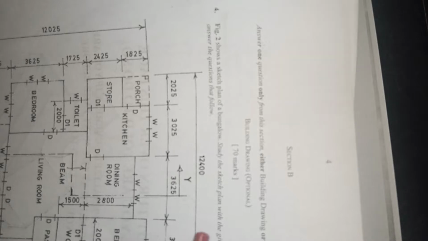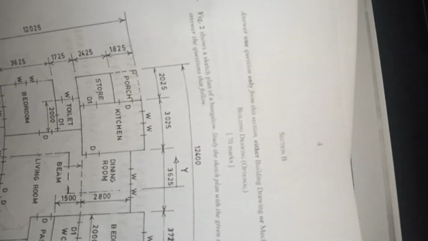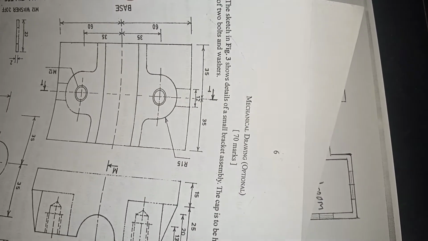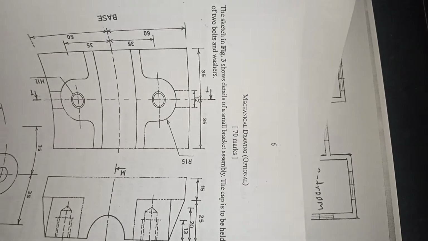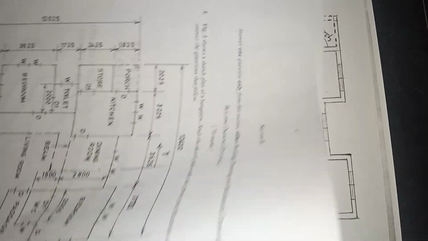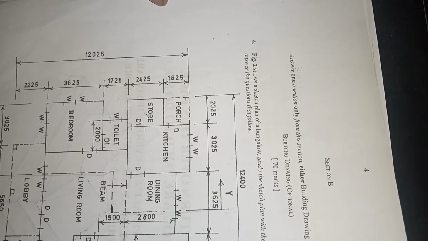A student is required to respond to either question 4, building drawing, or question 5, mechanical drawing. Each of them is 70 marks. But right now, we are going to discuss question 4.